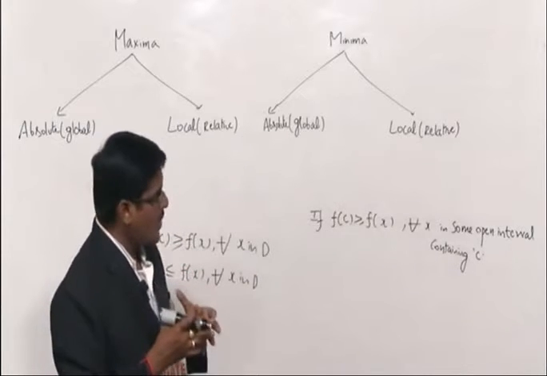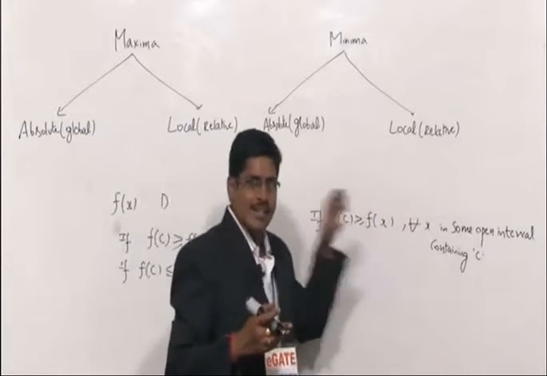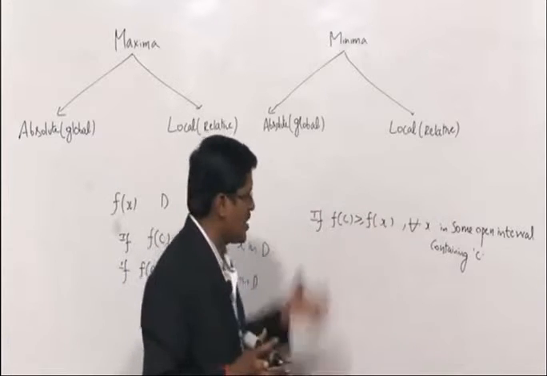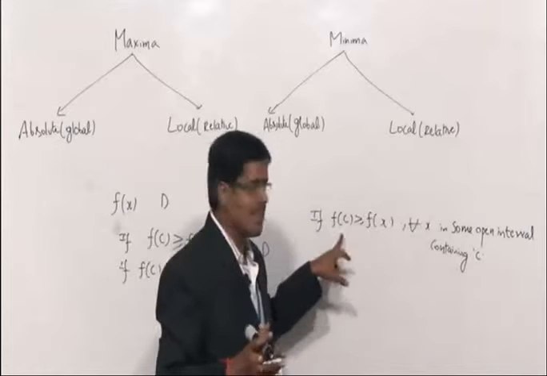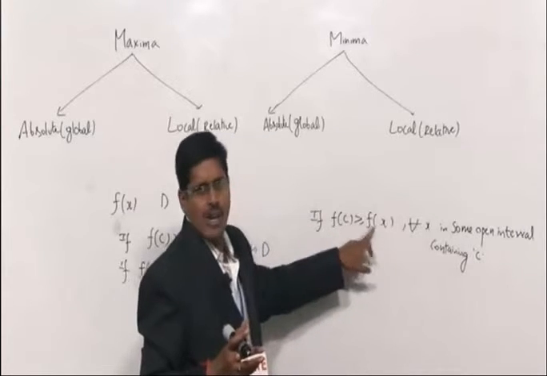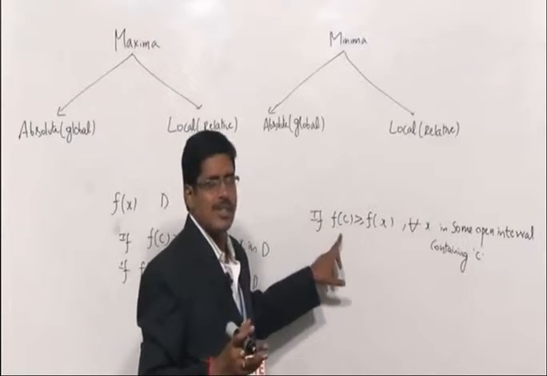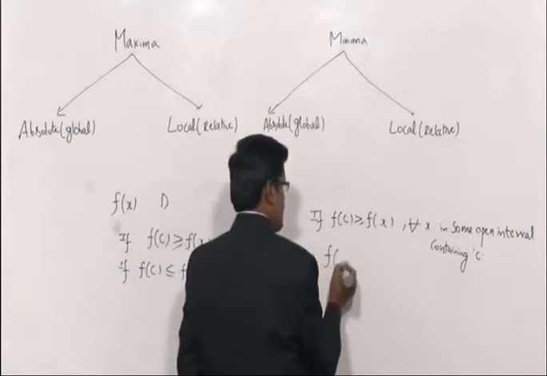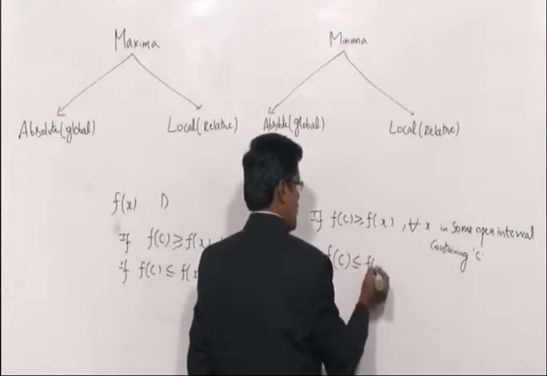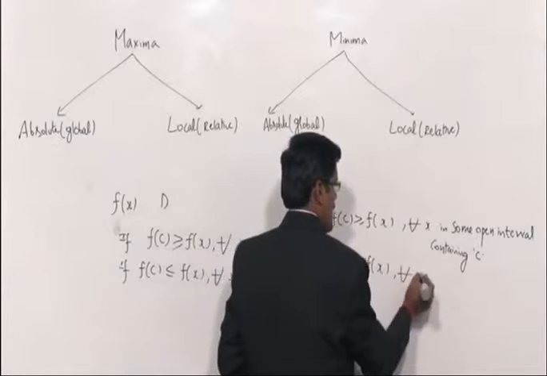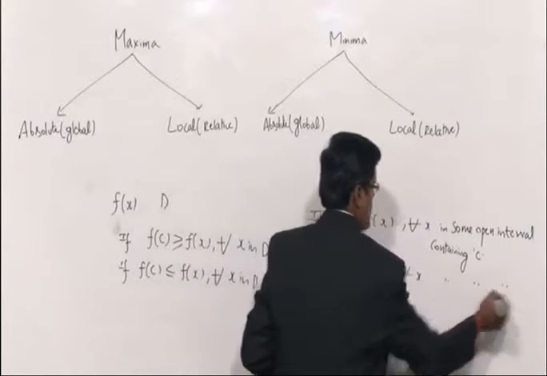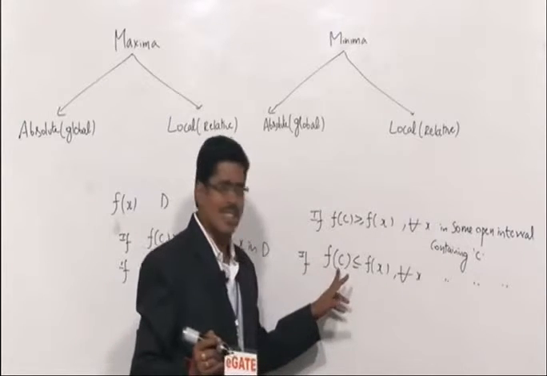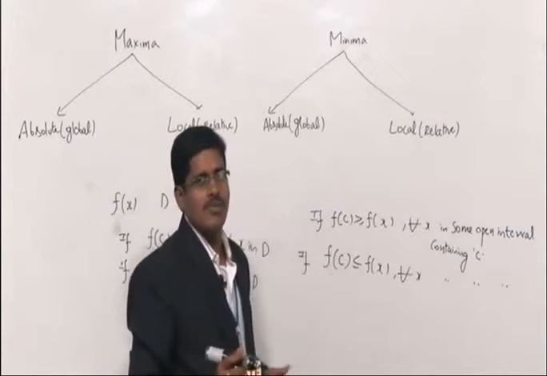Whenever an open interval contains c, that open interval is taken to be the domain of the function. For every x satisfying this relation, f of x has a local maximum at x is equal to c, and f of c is the local maximum value. Similarly, if f of c is less than or equal to f of x for all x in some open interval containing c, then f of x has a local minimum at x is equal to c, and the corresponding f of c is the local minimum value.